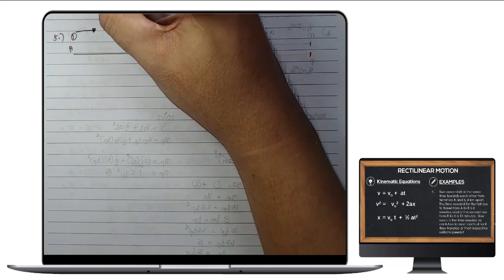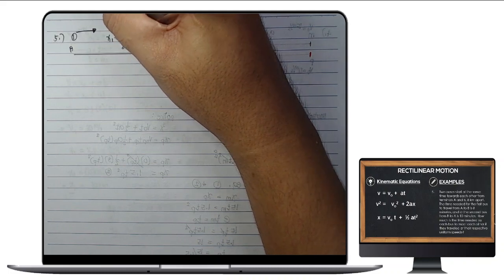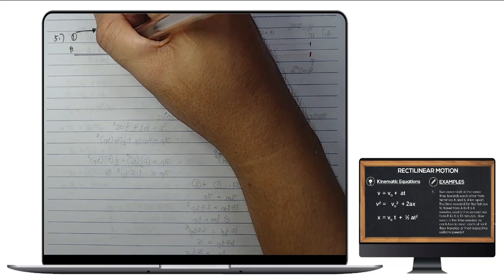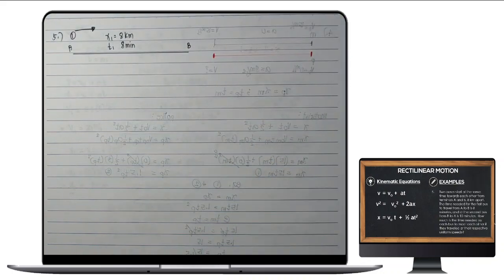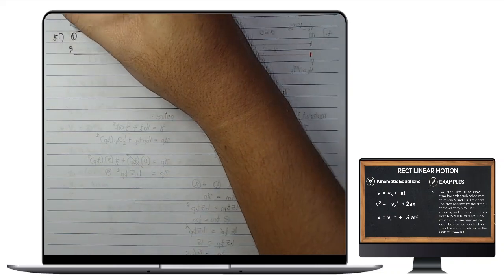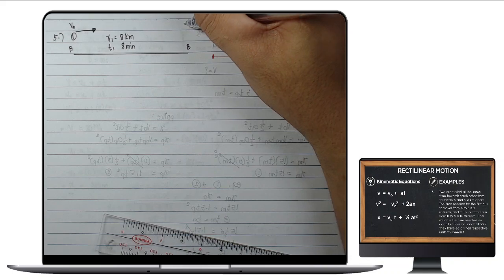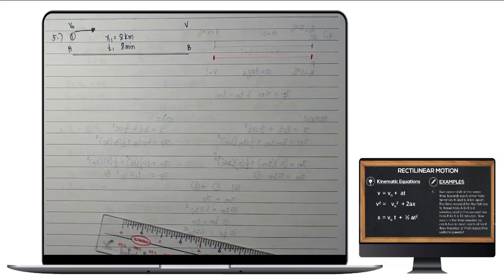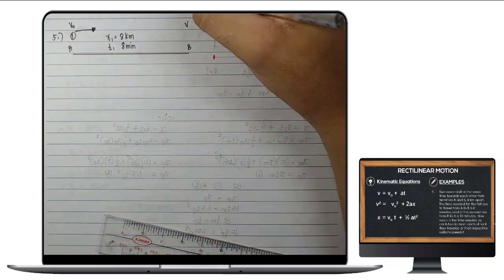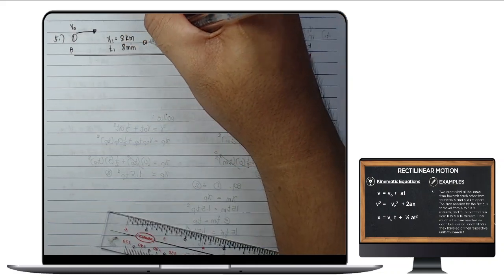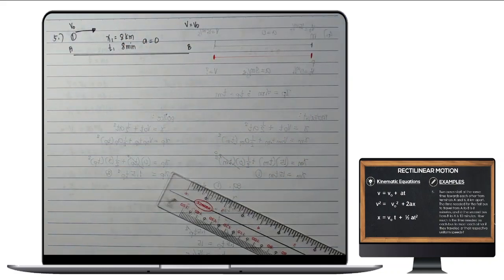So let's call this the distance covered by bus 1, and this is the time taken by bus 1 to travel from A to B. Noting that the initial velocity and the final velocity of it are the same, the acceleration here is simply 0.